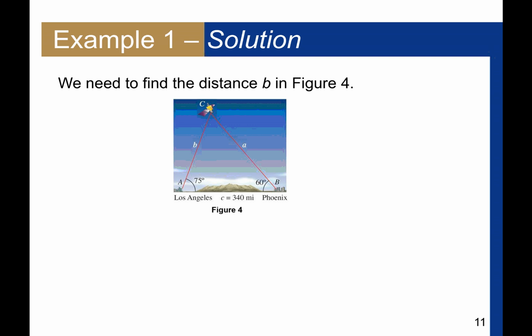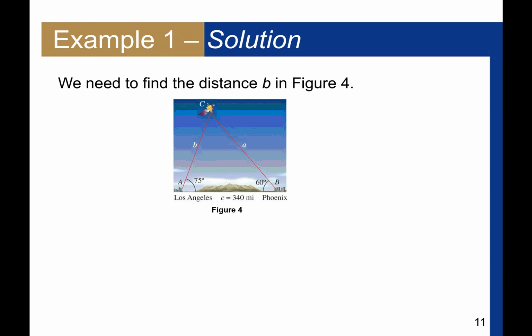But you'll notice here, the angle of elevation from the horizon up to the satellite at Phoenix, they told us was 60 degrees. The angle of elevation in Los Angeles from the horizontal up to the satellite, 75 degrees. Hey, wait a minute. If we have two of those angle measures, we should be able to find that third one pretty easily, couldn't we?